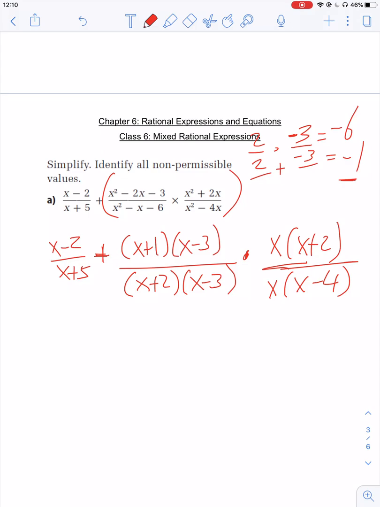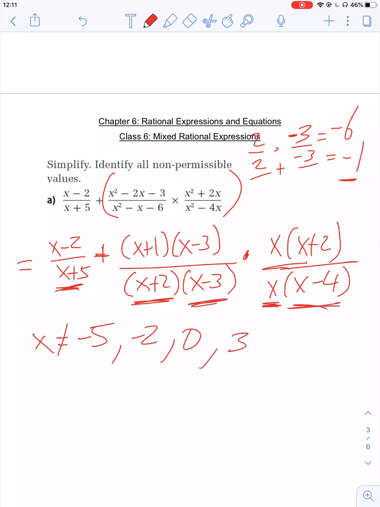And now is the time to list your non-permissible values, right? So let's do this one at a time. So this guy tells me that x cannot equal -5, right? And it cannot equal -2. It cannot equal, from here, 0. From here it has to be 3, and from here it has to be 4.